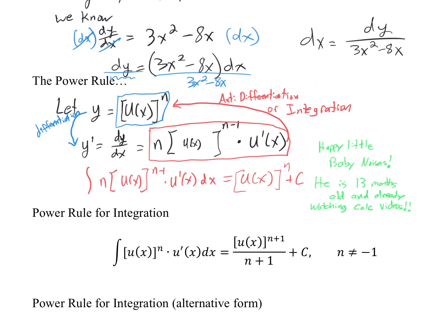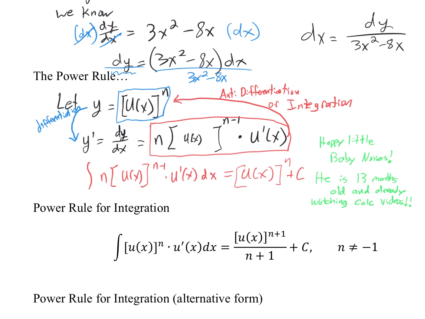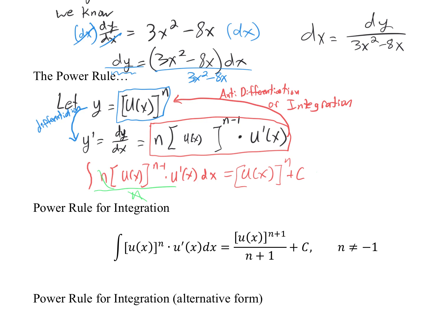So let's see how that becomes the power rule for integration. What we would do is divide both sides by n, thereby removing the n on the left, and giving us an n in the denominator on the right. Now, the generic form doesn't start like this, because rather than starting with our exponent being n minus 1, we're just going to scale this up by 1, which would scale this up by 1, this up by 1, this up by 1, and this up by 1.